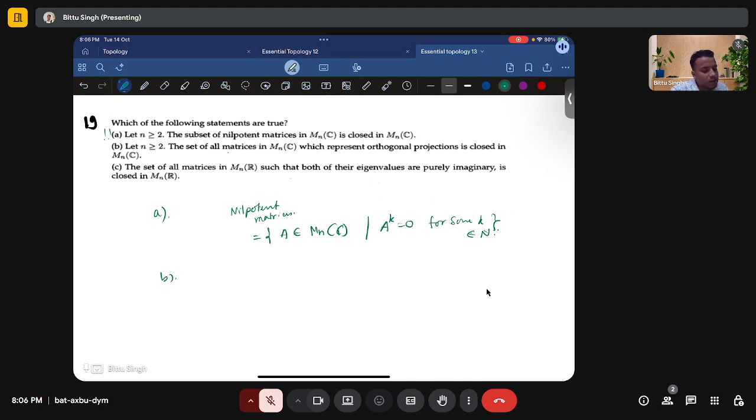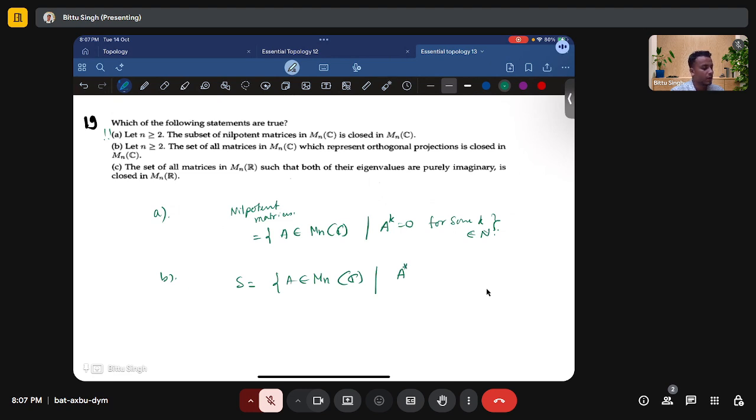The set of all matrices in M n C which represent orthogonal projections is closed in M n C. So for this, the set S is given by A belongs to M n C such that A is an orthogonal projection.